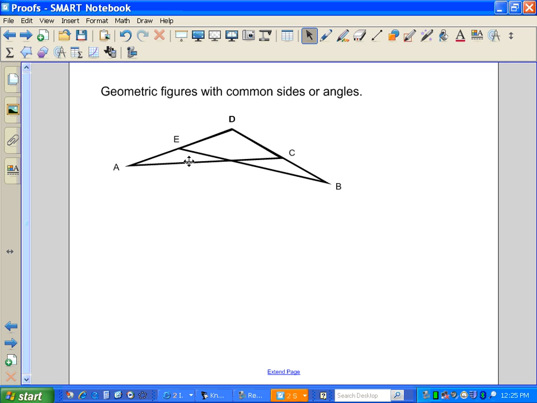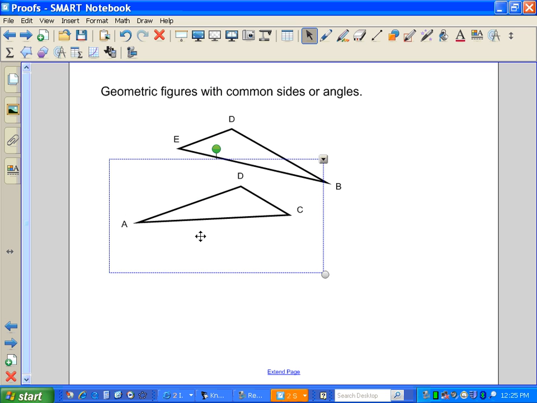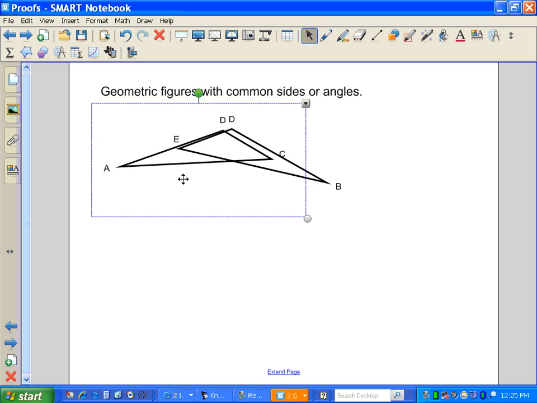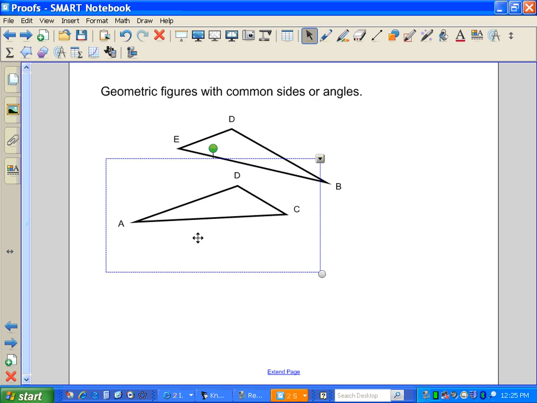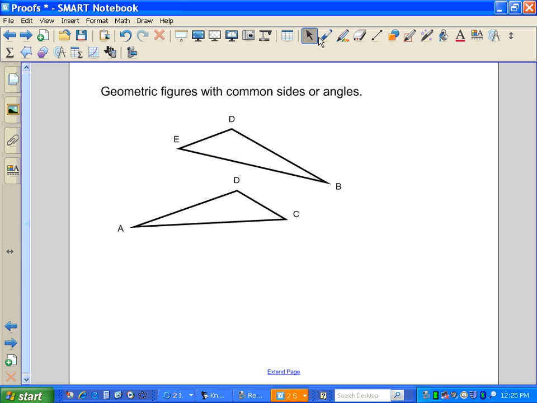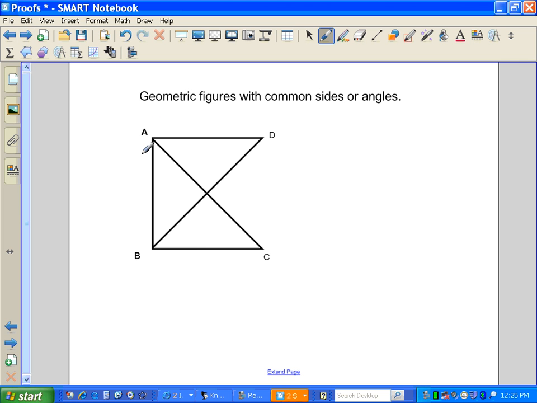If I do this correctly, I should be able to pull away that top triangle, and we can see that they have angle D in both triangles. Typically we'll notice that since it's in both places, it's the same angle, so it's going to be congruent. That's a helpful thing as we're trying to prove something.